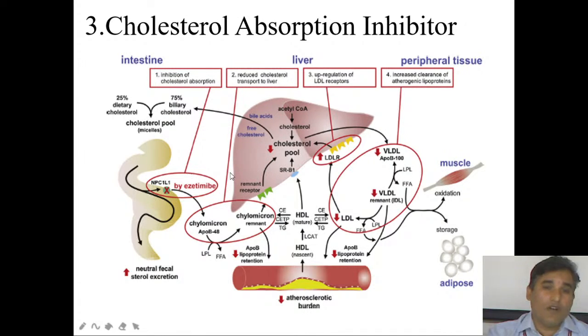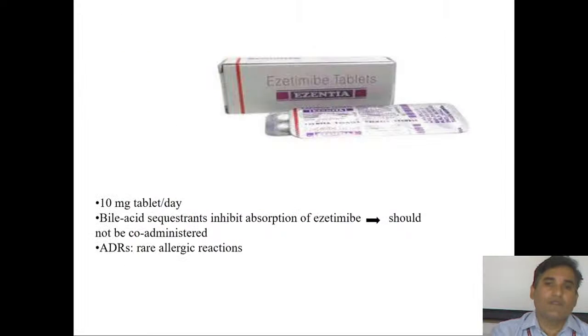And when the plasma cholesterol level decreases, there is upregulation of the LDL receptor by feedback induction. When the LDL receptor is upregulated, LDL-mediated cholesterol transport increases, and ultimately plasma LDL decreases.